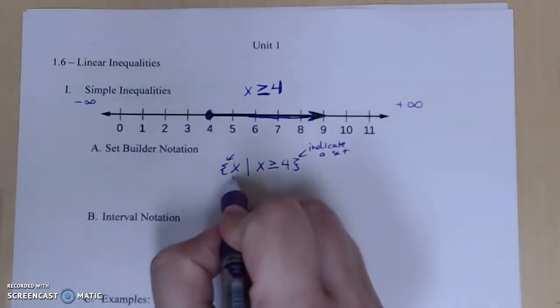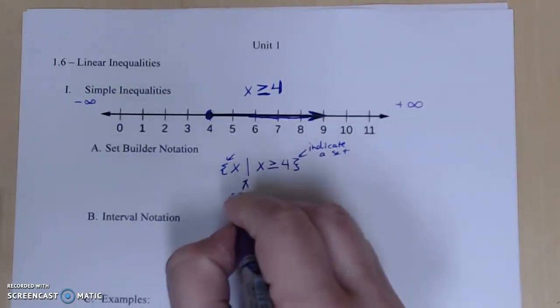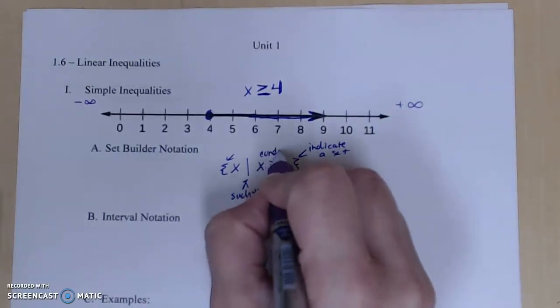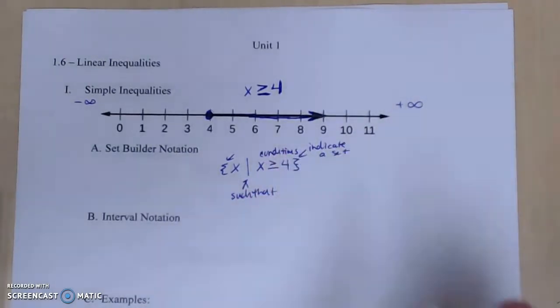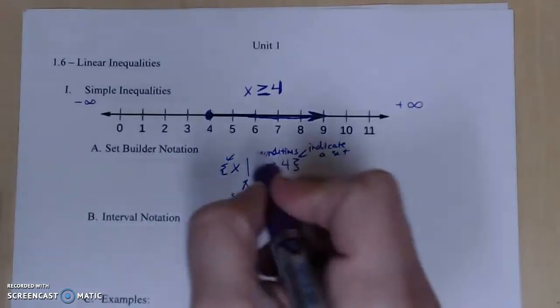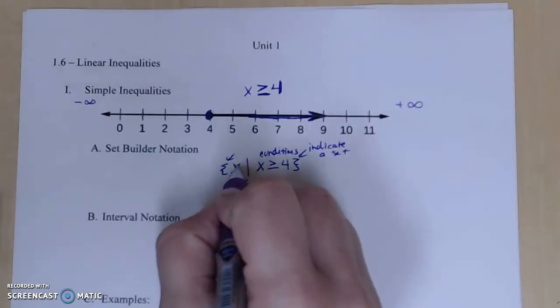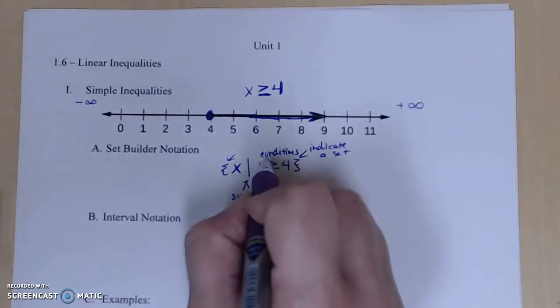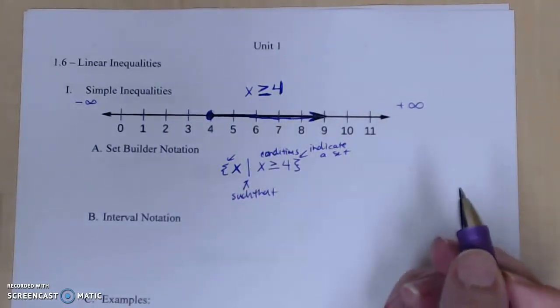This reads as x such that, and then it gives you the conditions that x needs to meet to be within the set. So in set builder notation, you're typically going to see your brackets, x such that, and then your conditions of what x values fit into that.